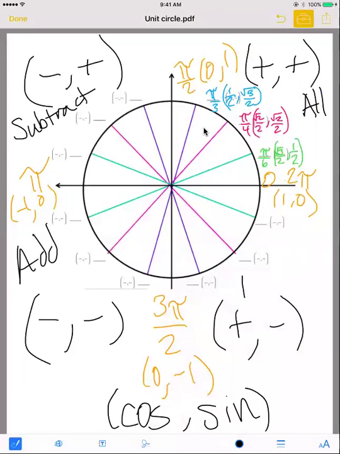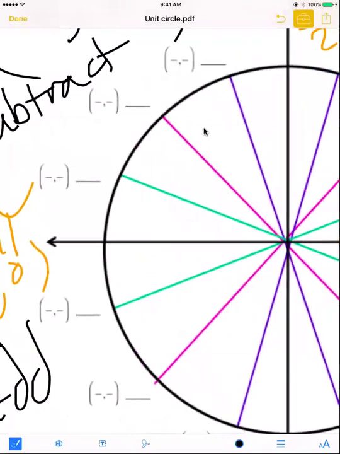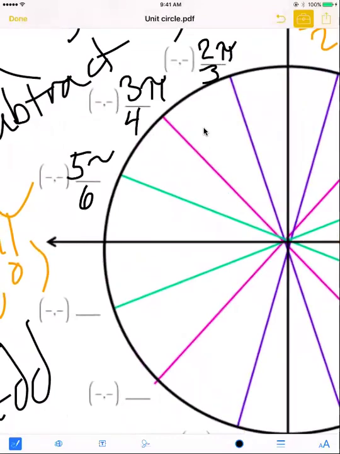And P stands for prime. For example, in the second quadrant, all the denominators stay the same. So this one would be 6, this one would be 4, this one would be 3. And since this one is subtract, we would subtract 1. So this would be 2 pi over 3, 3 pi over 4, and 5 pi over 6.